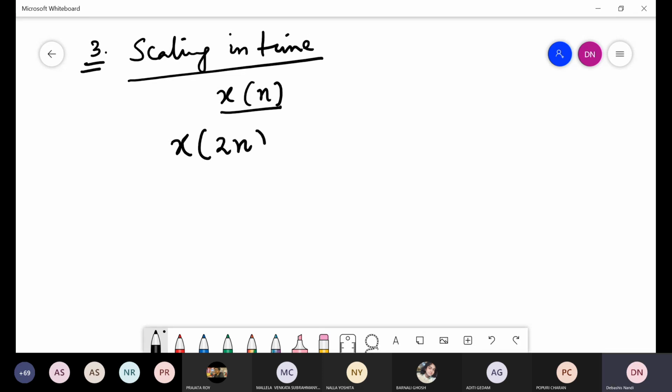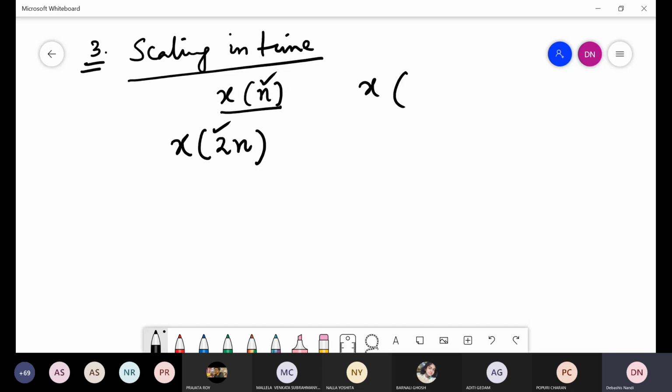Suppose x[2n]. In the original signal, the independent variable was n, but when I am scaling that signal, I can scale it by multiplying a constant term.